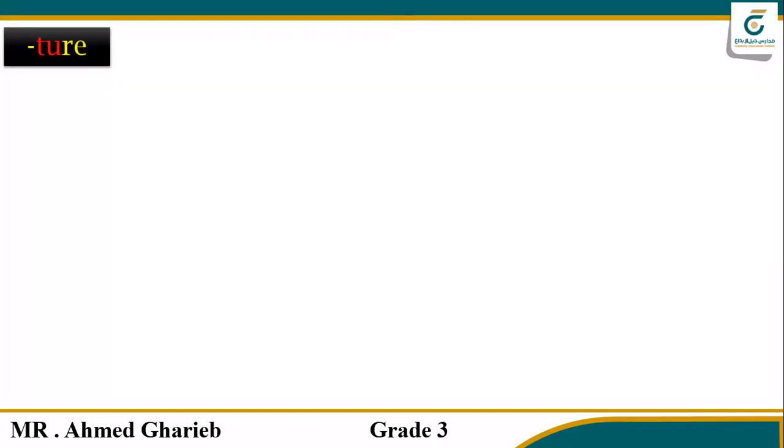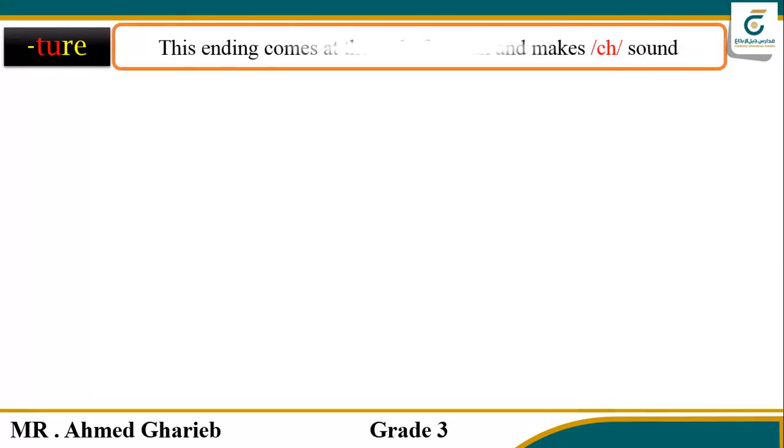The second final syllable is ture. Ture making the sound chur, ch, ch, as in chair. So if I see the syllable at the end of a word, I make sure that it's a noun.